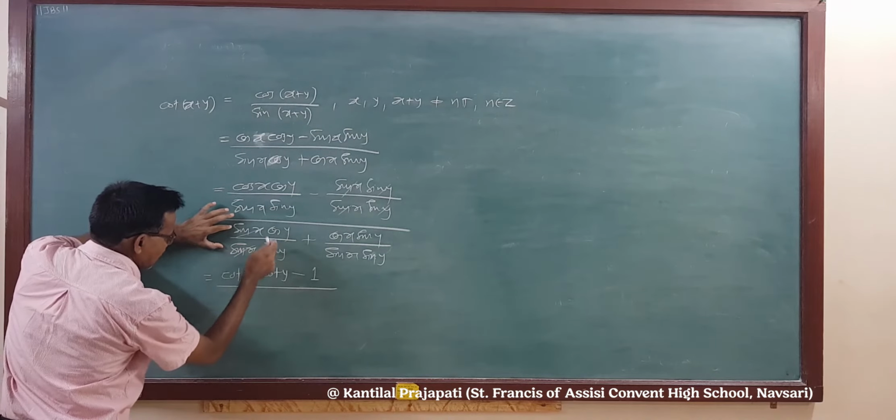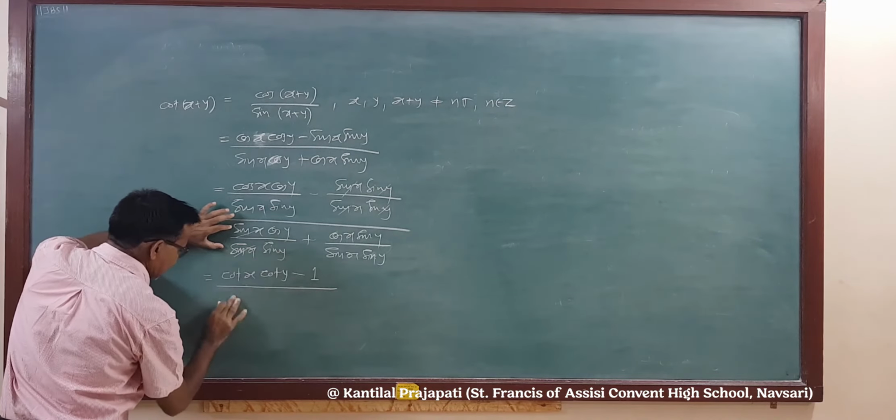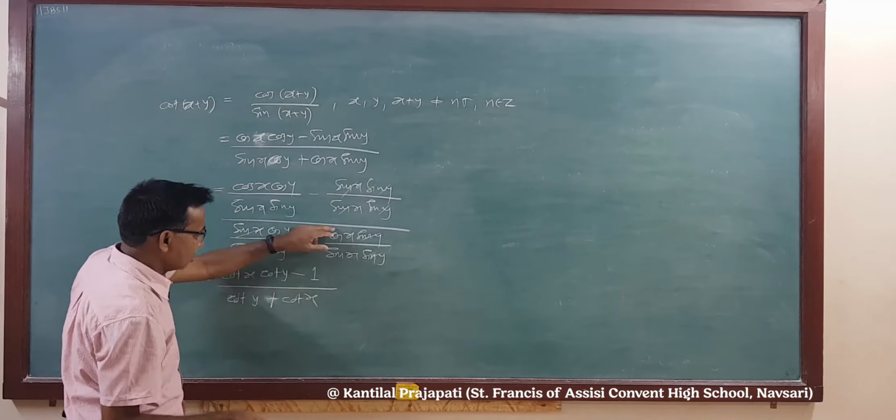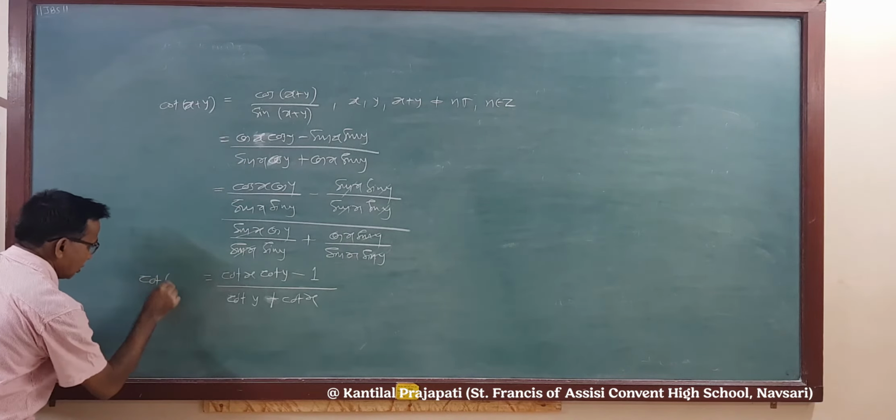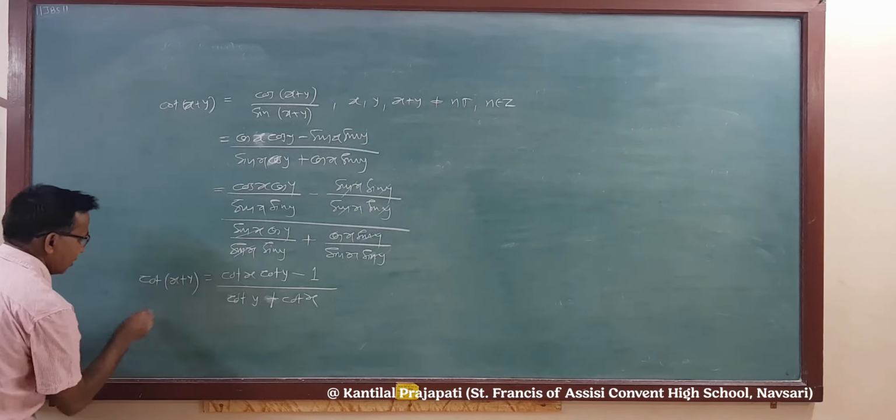So what will remain? Cos y upon sin y, that is cot y, minus. Here sin y is cancelled, cos x upon sin x is plus cot x. Plus sign here, so you get plus. Right? Cos x upon sin x is cot x. So this is your formula of cot(x + y).